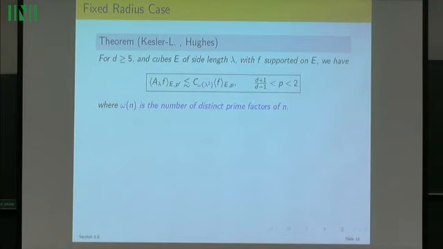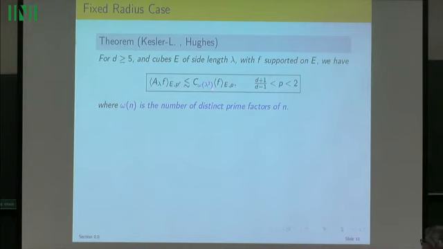F is supported on E. And now if you take this local LP prime norm, this is less than the local LP norm, provided P, well, the 2 case is trivial because it's just an average, and it's an absolute constant by Cauchy-Schwarz. But the interesting thing is that as P degenerates, it's still true.